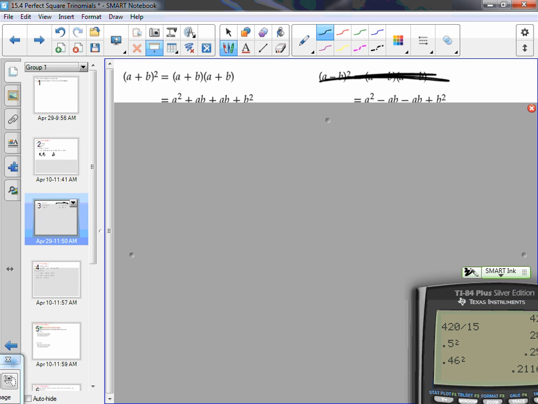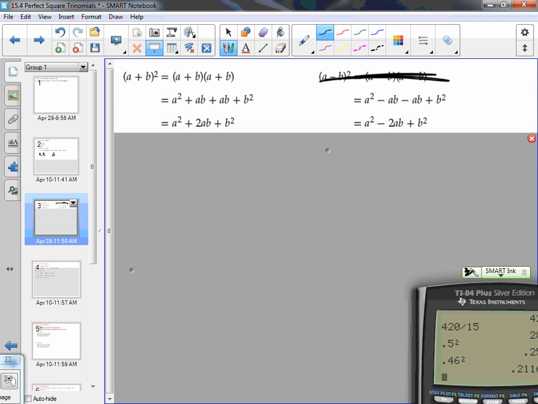Well, with the FOIL method, you get a squared plus ab plus ab plus b squared, which is a squared plus 2ab plus b squared. Same thing happens if there's a minus sign between them, except that's a negative, therefore that's a negative.